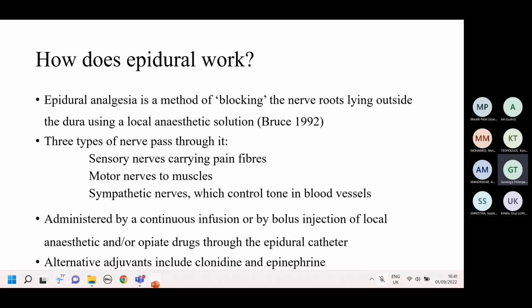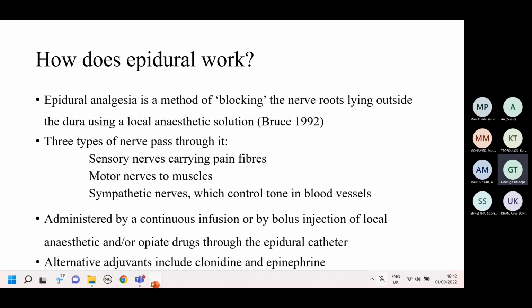So mainly it blocks the temperature fibers, and then later it depends on the myelination and the diameter of the fibers. The range of block depends on that. First the patient will get an absence of cold sensation, and then pinprick sensation and the touch.